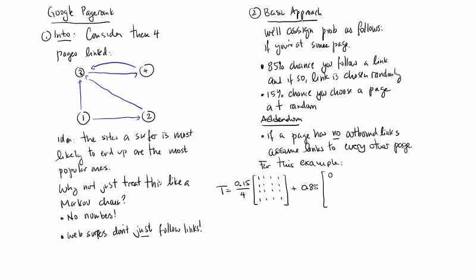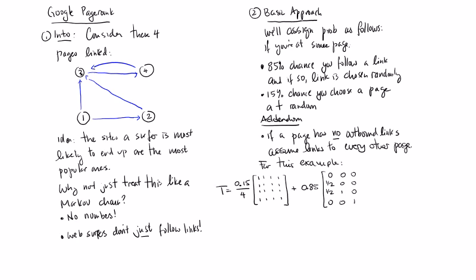So here we have to be a bit careful. So this column is here because if you're at page 1, you could go to 2 or 3, and there's a 50% chance of each of those if you're going that way. Here, if you're on page 2, you could only go to 3. If you're on page 3, you could only go to 4.